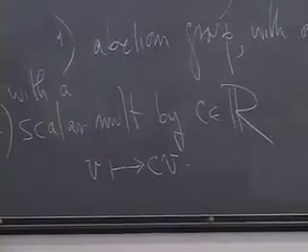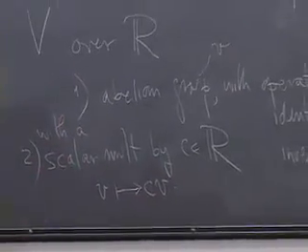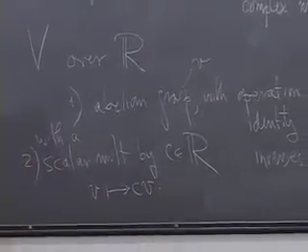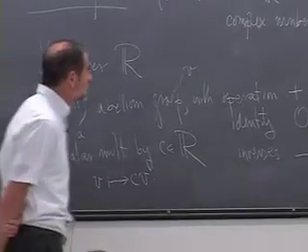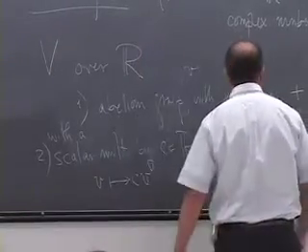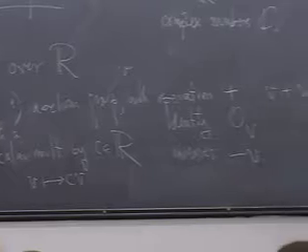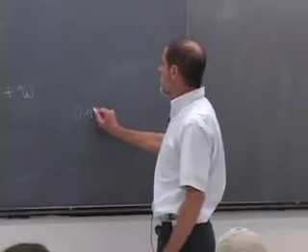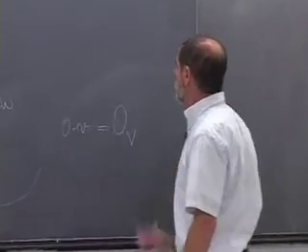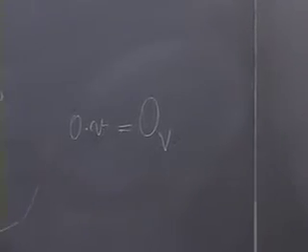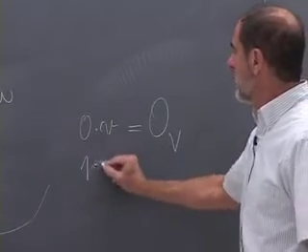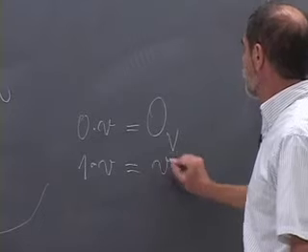So it's a little more than an abelian group. It has this scalar multiplication. And that scalar multiplication has to also satisfy some identities. For example, if you multiply the zero scalar times any vector, you have to get the zero vector. And if you multiply the one scalar times any vector, you have to get the vector itself.